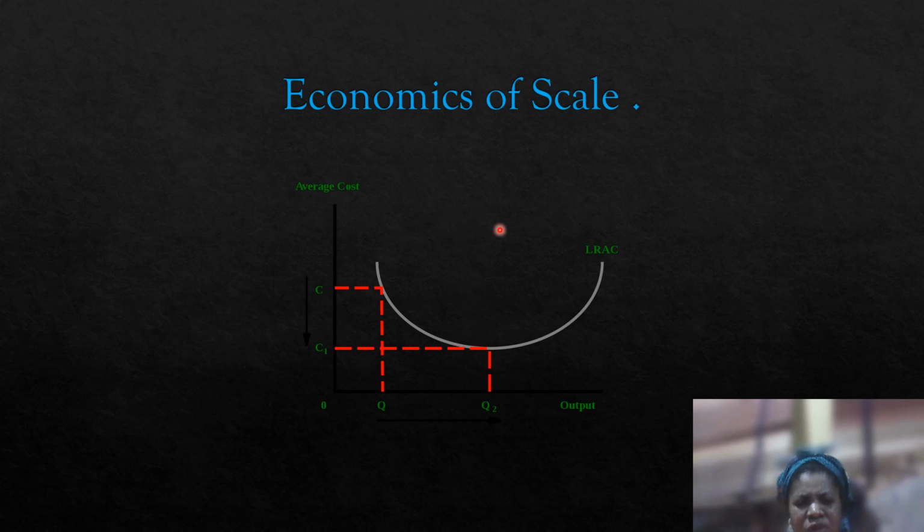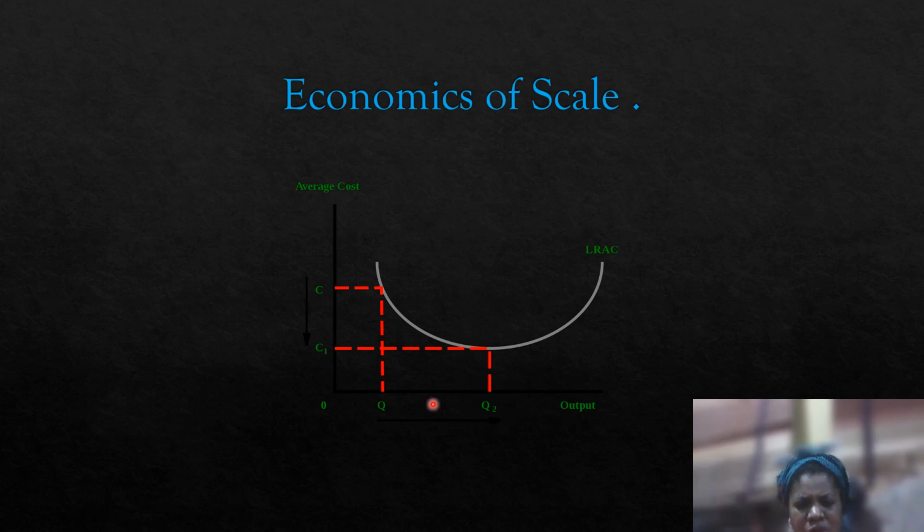So scale of production, you can look at the diagram here. This is average cost here, output here, and we have C1 here. We start with a C, because that's the cost of production, and then this is the quantity produced, and then the cost of production 1, and then quantity produced 2 here.